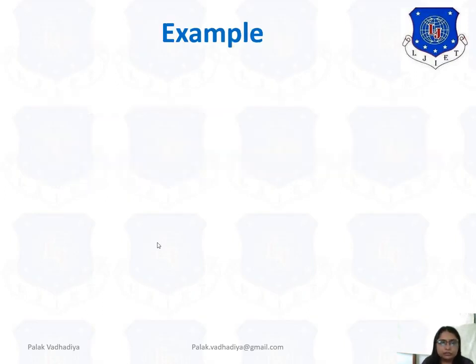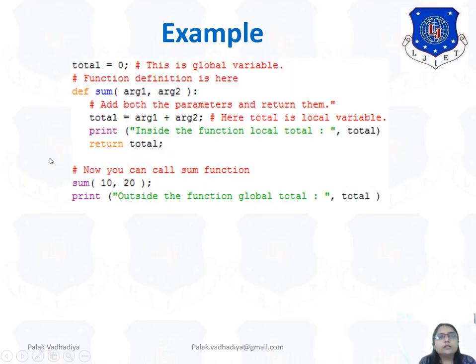Alright, let's take one example. Here total equals 0. And I have written one function, def sum, with argument 1 and argument 2. It simply adds these two arguments, and just see carefully.